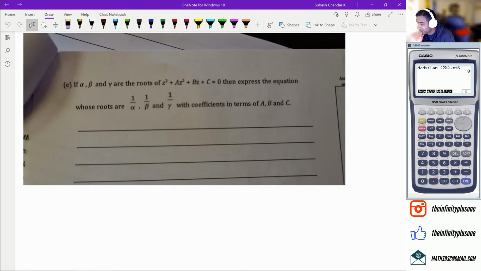But it is, God, another annoying question as hell. It's just like an expanding question, that's all. It's actually not too bad. But yeah, it's just this really annoying looking expansion question.